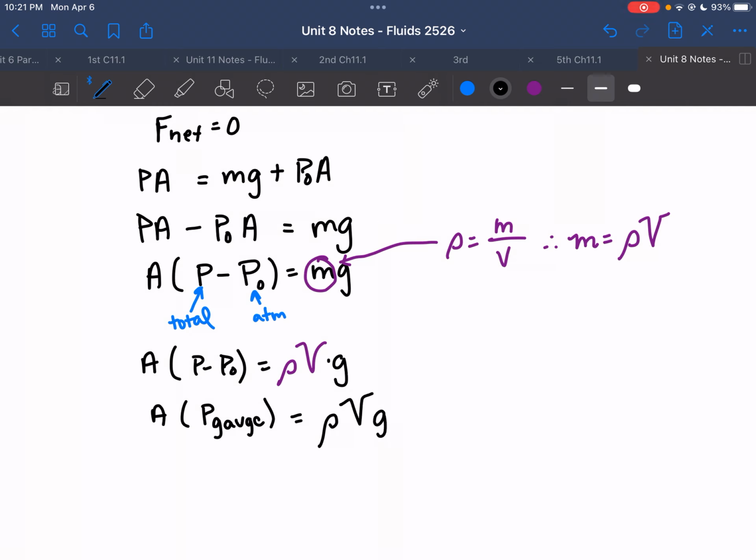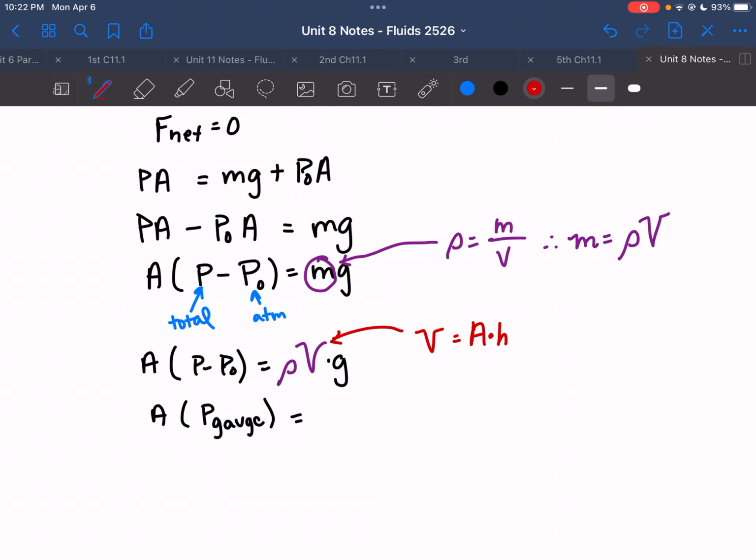The next thing that we're going to look at is the volume, because I know that volume is equal to the shape of the base, which is the area, times the height.